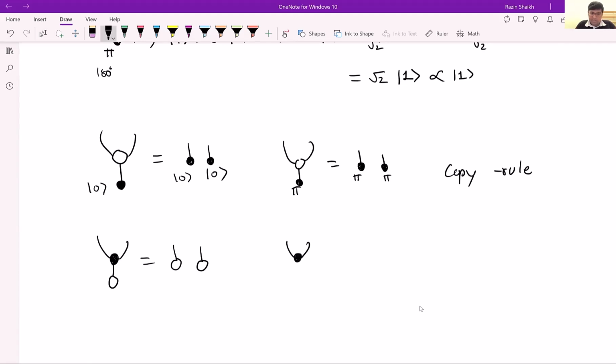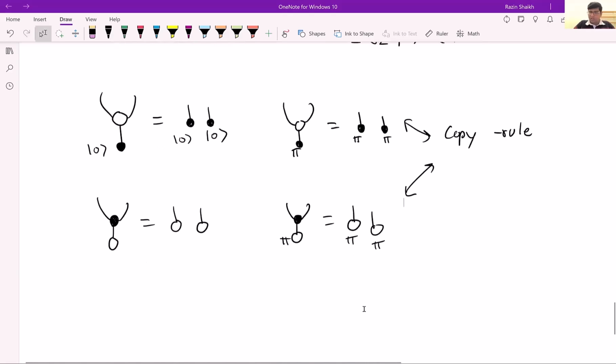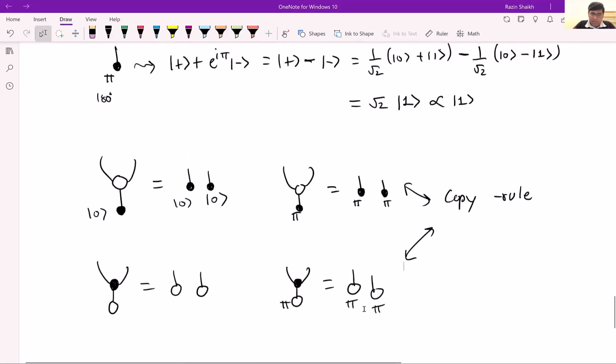And similarly, if I had this, that's also true. In fact, anytime you see Z and X spiders, if you just change all the colors, that equation also holds. So these two are the copy rule. Okay, any questions about copy or basis states so far?